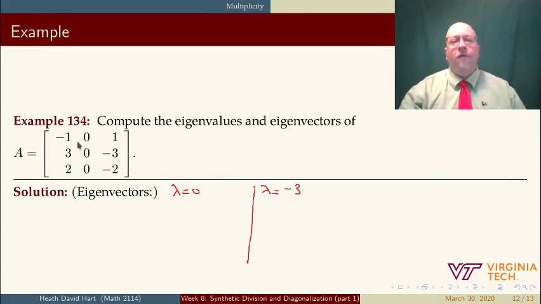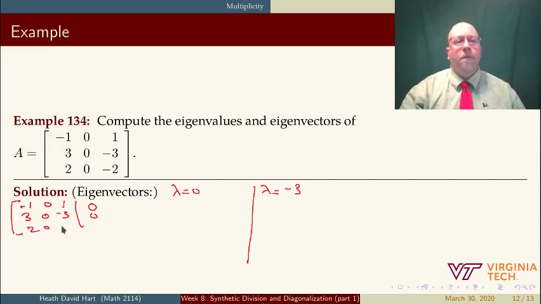For lambda equals 0, we subtract 0 from the diagonal, which does nothing, and augment with zeros. I'll cancel out the 3 and the 2 here.